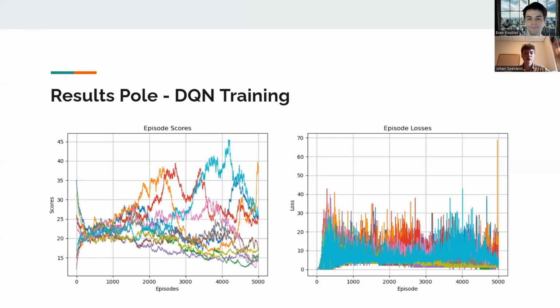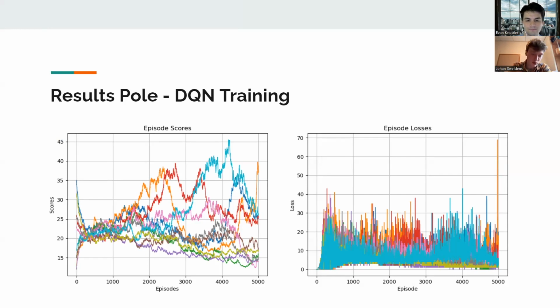So to begin with, we have the results of training the CartPole game on the DQN. The graphs below demonstrate 10 equally sized training runs where we trained for 5,000 episodes on the DQN, and all these DQNs had the exact same hyperparameters that were prescribed from the paper.